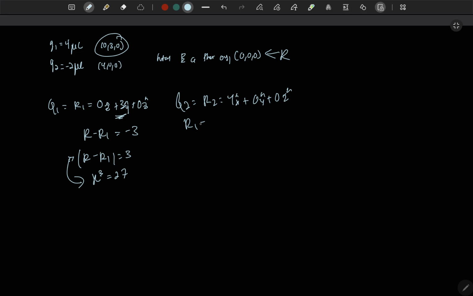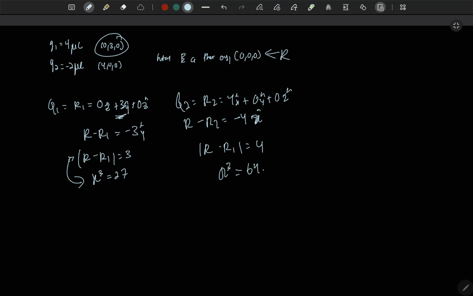Now R minus R2 becomes negative 4x hat. The modulus of it would be 4, and R cubed would be 64.